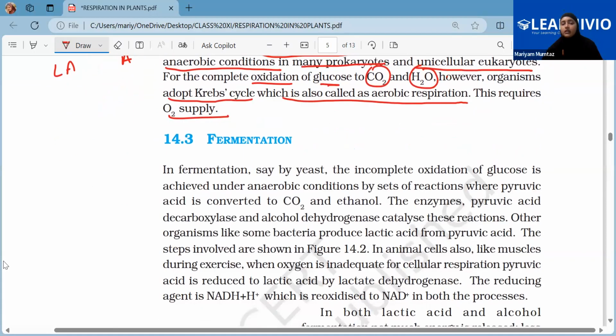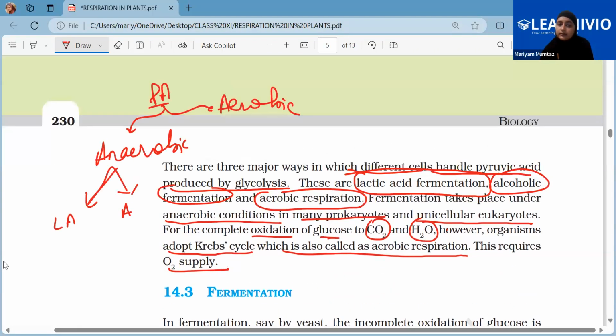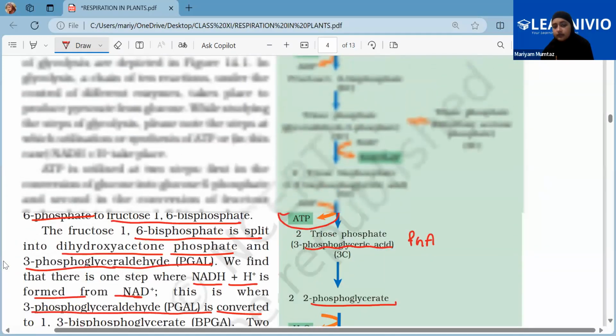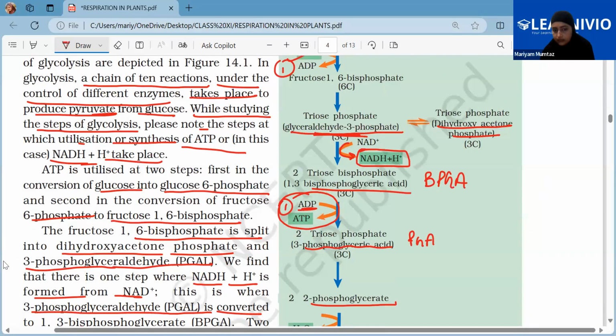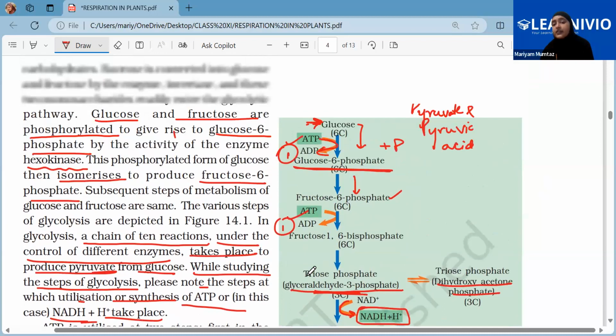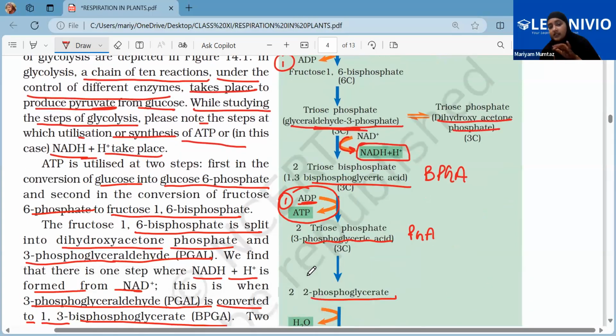Now, talking about fermentation. Up until now, glycolysis is clear. Yes, ma'am. Okay. Now, ma'am, what sort of question would be asked from this part? Like, should we learn the table thoroughly? From glycolysis, you first of all learn the whole reaction, because it's very important. This is the only step in the book that has been defined properly, like all the steps.